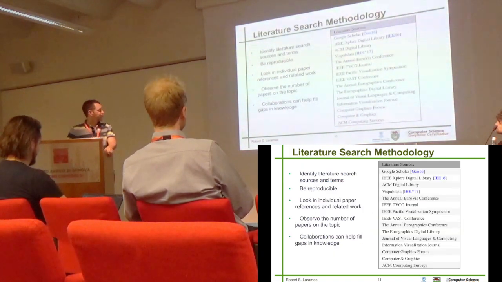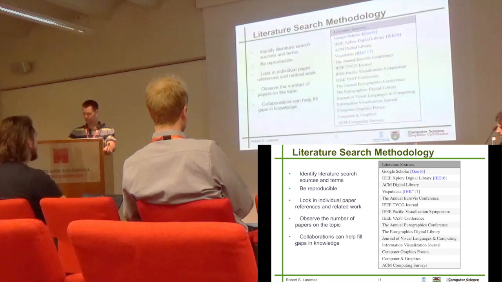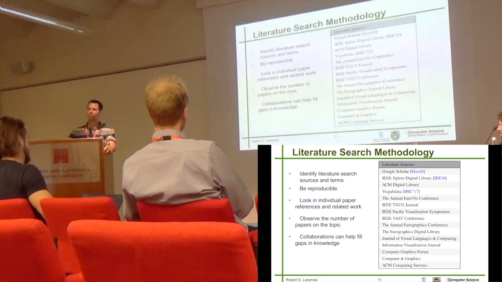So on the literature search methodology, here is a very helpful list of places we recommend searching for literature, especially for visualization, given in a nice compact form. Everybody knows about Google Scholar, the IEEE Xplore Digital Library, the ACM Digital Library. Maybe not everybody here knows about the VizPub data source, which is a database of every Viz paper ever published at the main conference.